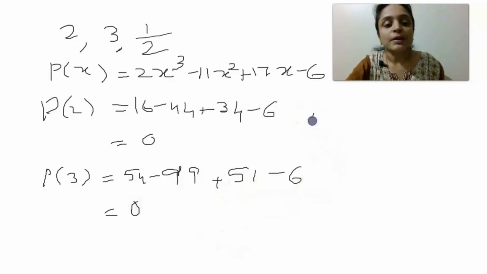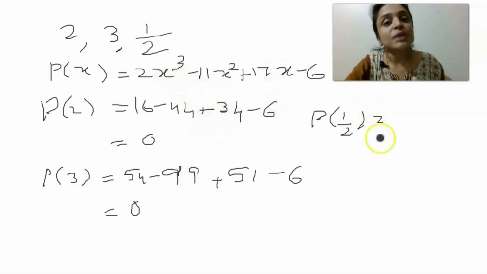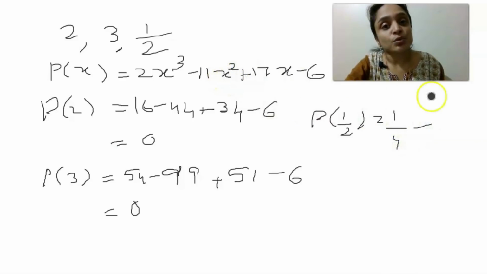Now P of 1 by 2. P of 1 by 2 equal to 2 into 1 by 2 the whole cube, which is 2 into 1 by 8. So 2 into 1 by 8 is 1 by 4, minus 11 into 1 by 2 the whole square. That is 11 into 1 by 4, 11 by 4, minus 6.